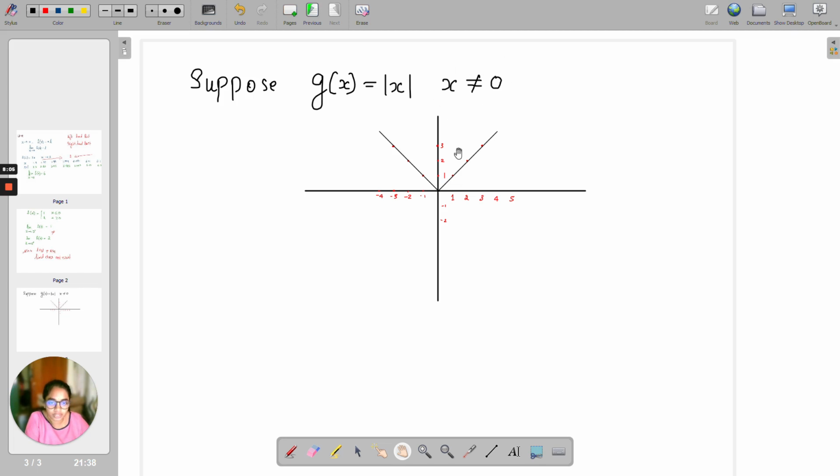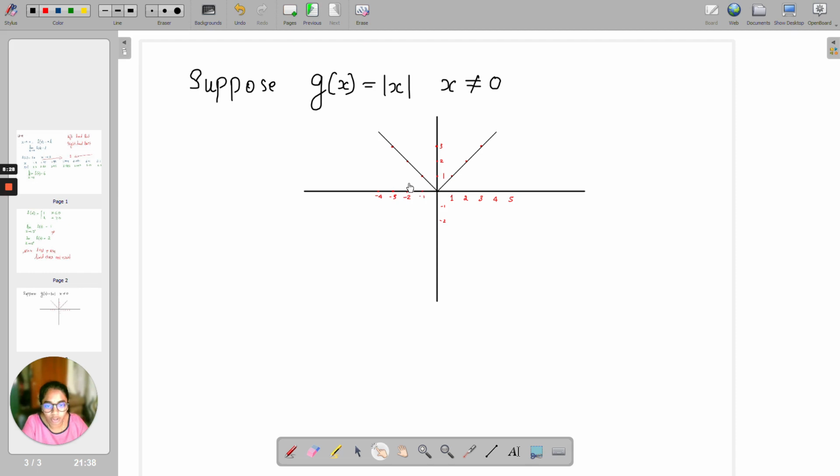So now in this graph, these lines are g of x, right? These are the outputs. This is x. For x is equal to 1, I got 1, right? So I've marked a point over here. For x is equal to 2, I got 2.